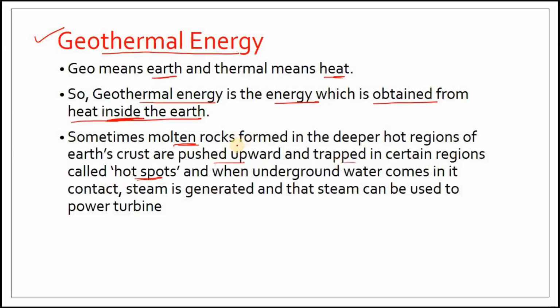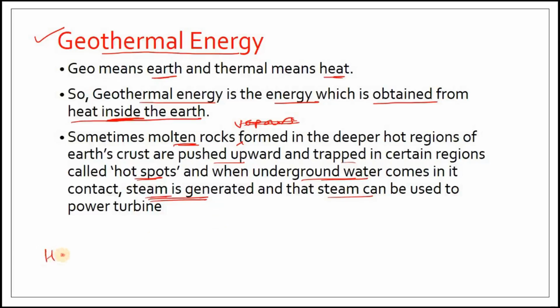Actually, when underground water comes in contact, steam is generated. See, in these hot spots where molten rocks are there, in the molten form only, not vapor form, sorry, when they come in contact with water, steam is generated, and that steam can be used to power turbines.